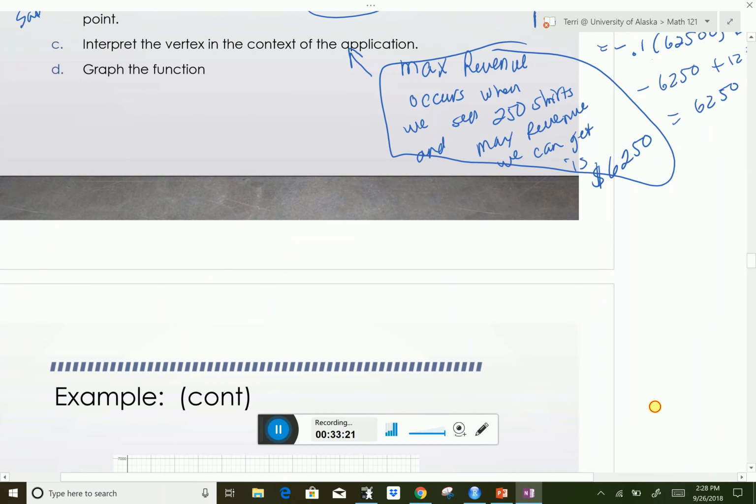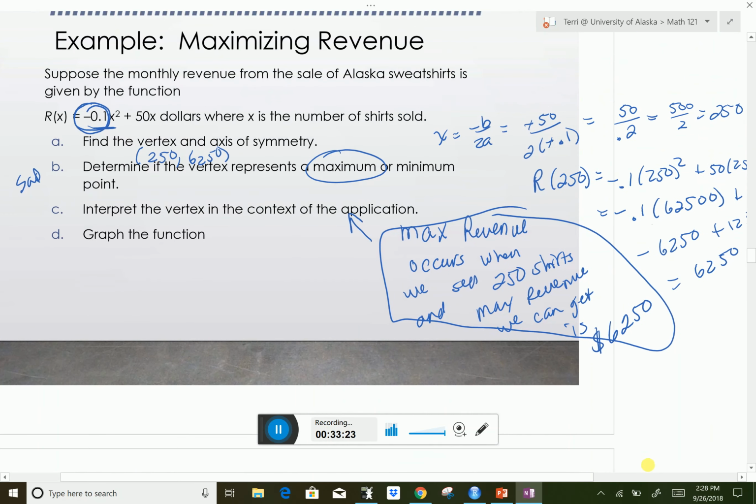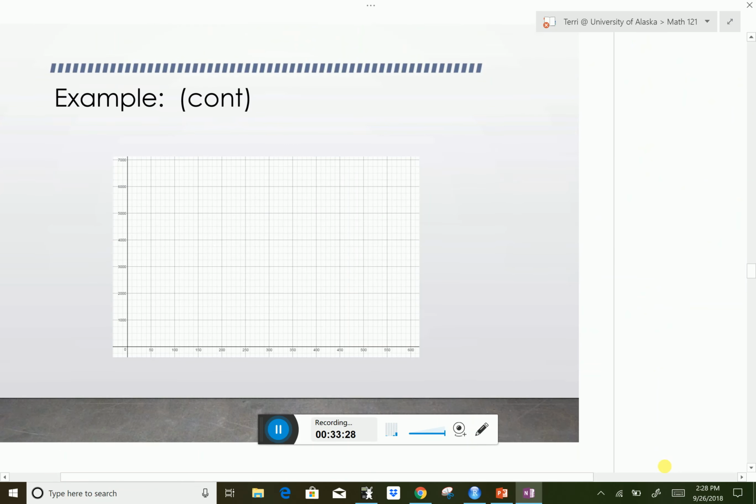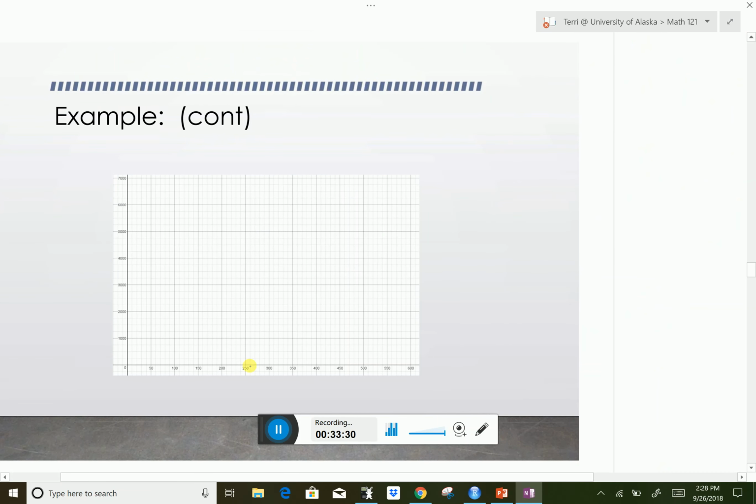And so let's graph this function. So we know we have a point 250, 6250, which would be right here.